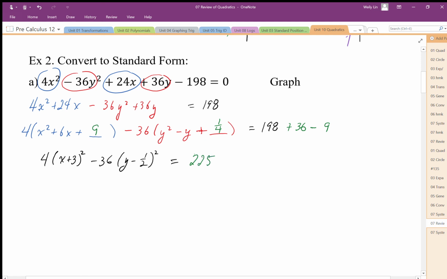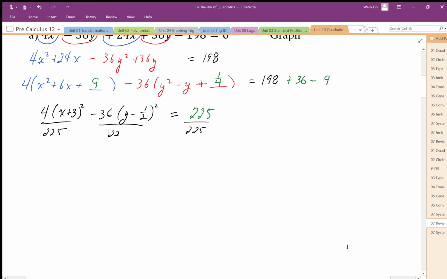So then when we put this into the graphing form, we're going to divide by 225, and we can see that we're going to end up with 4(x plus 3) squared over 225 minus 36(y minus 1/2) squared over 225 equals 1.